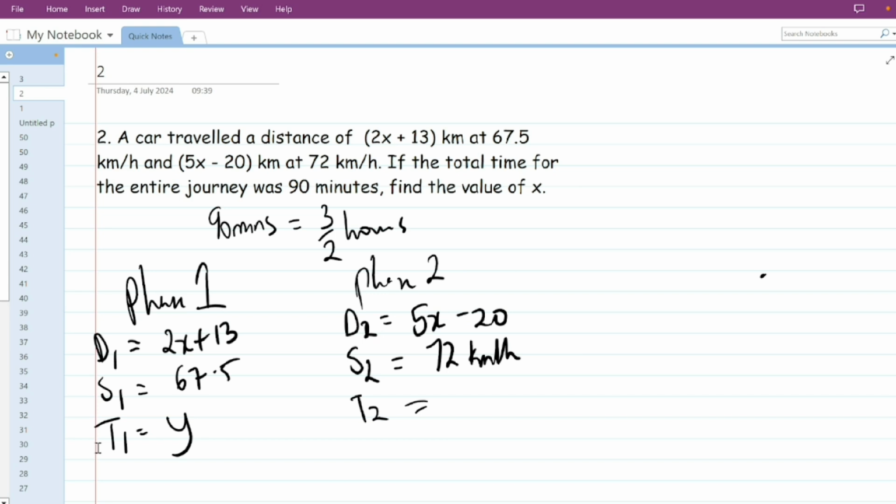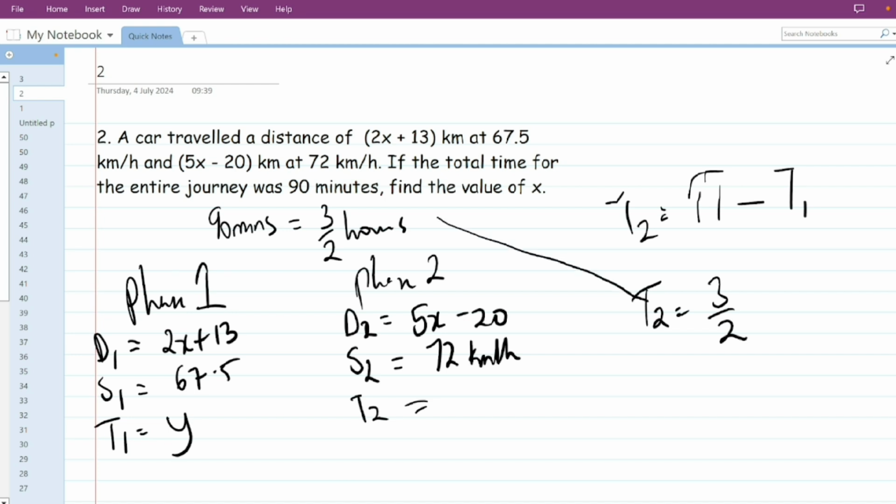If we make our t1 y, then our t2 will be total time tt minus t1. So our t2 will be 3 over 2 minus y.